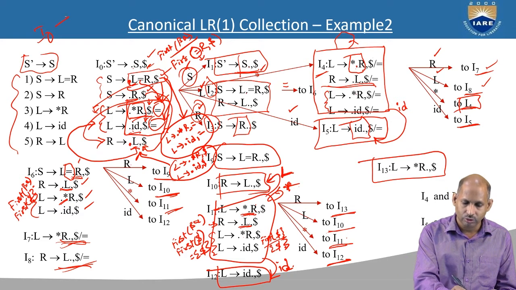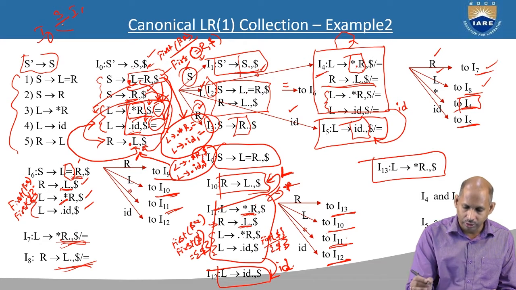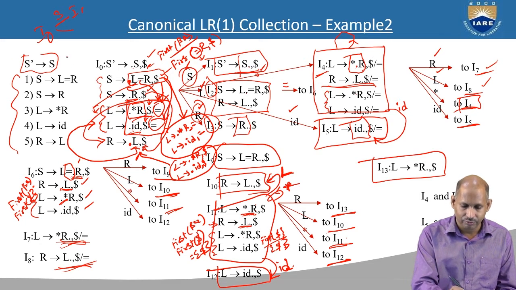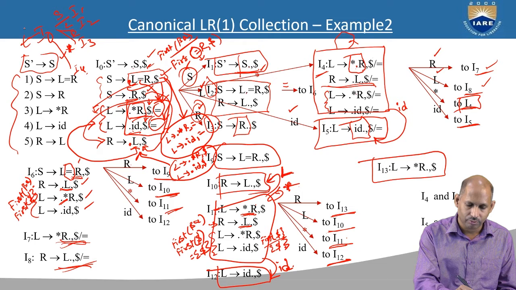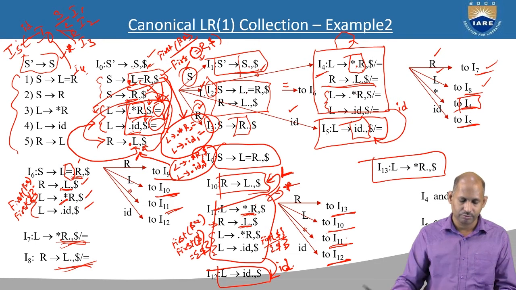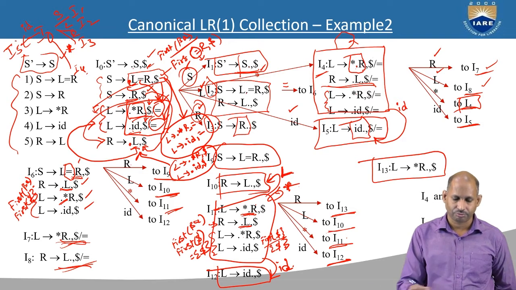I0 on S goes to I1, on L to I2, on R to I3, on multiplication to I4, on ID to I5.